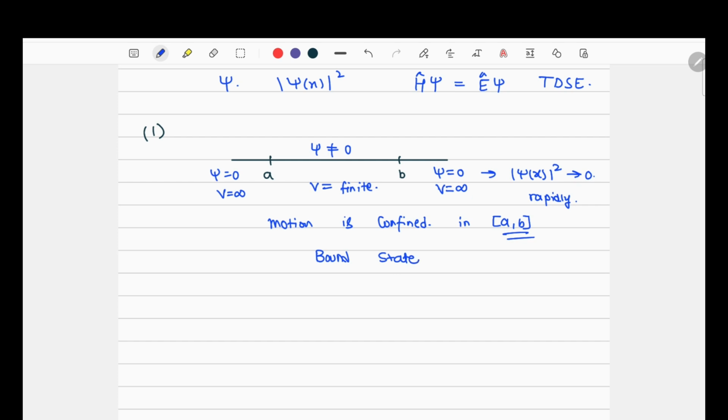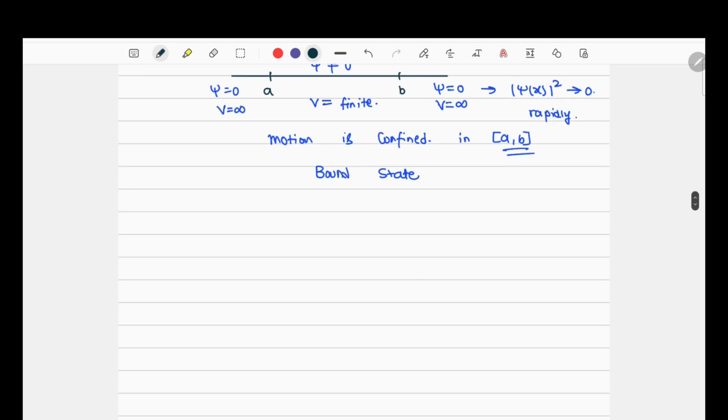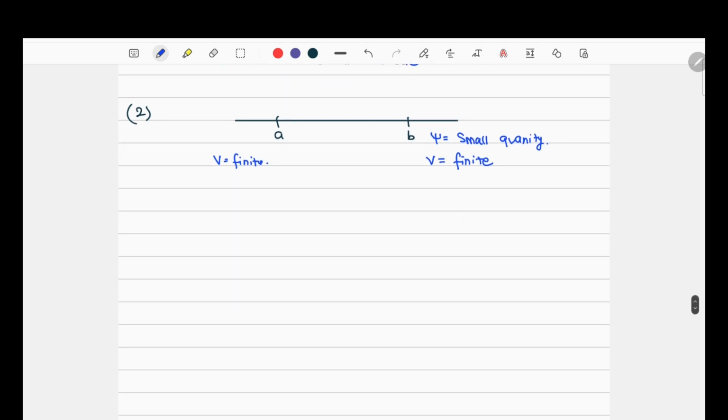Now is it the only case? No, you might have another case where you are having this x-axis, this is your range A to B. Now I might say that, let's say the potential is some finite quantity outside the range also. But the wave function is such that it becomes a very small quantity outside the range. If this becomes very small, then how will it affect the wave function's probability density?